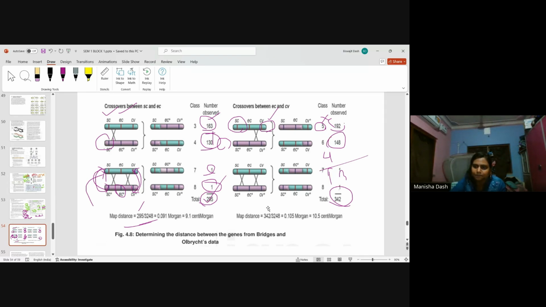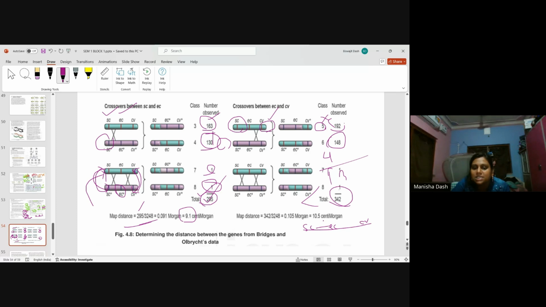So if we compare these two conditions, the distance between these two genes is 9.1 centimorgan, because the number of recombinants is less than in this one. 295 is less than 342. So if you place the genes like this, the gene should be SC, the EC should be a little bit closer, and the CB should be a little bit farther than the EC.